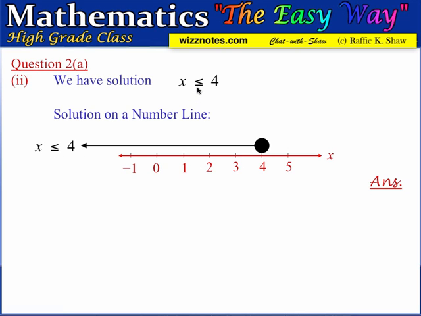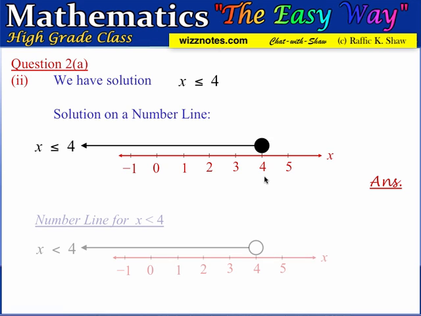So because the equal is a part of the inequality, we shade the circle on the 4, and then the arrow pointing to the left means that x can also take values less than 4. So on this side we have values less than 4, and the shaded circle on the 4 means that 4 is also included.